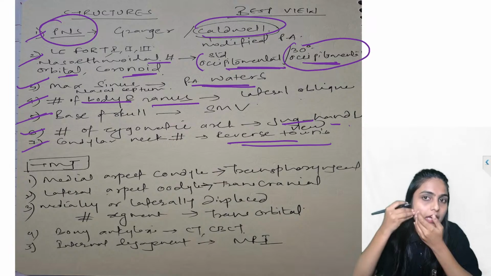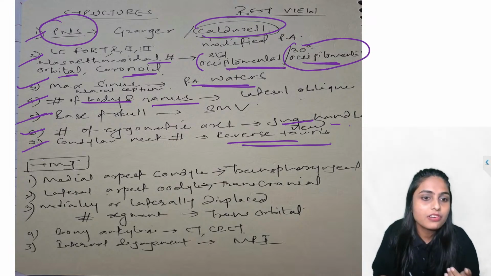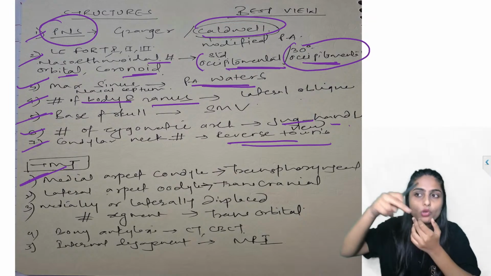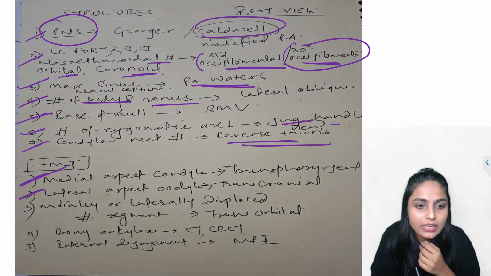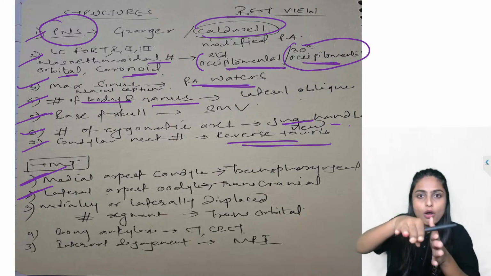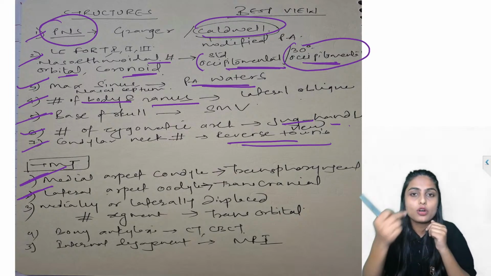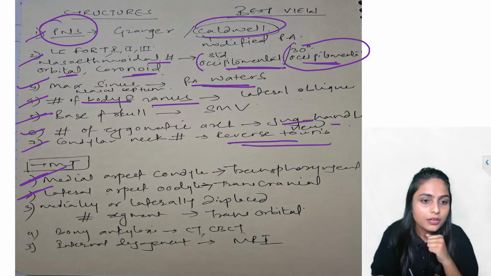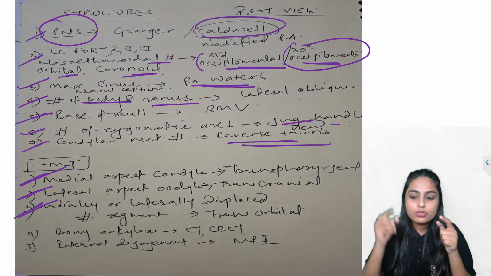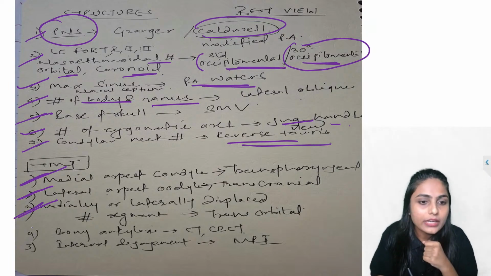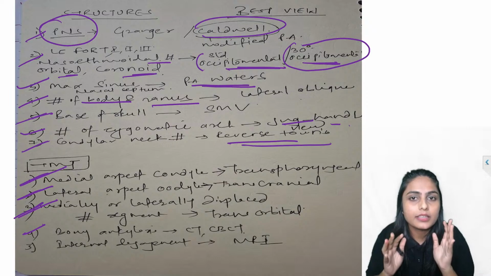Next, we have different views for the TMJ. For seeing the medial aspect of the TMJ, you have the transpharyngeal view. To check the lateral aspect of the condyle, you have the transcranial view. For medial or lateral displacement of the fractured segment, you take the transorbital view, which is from the front. To check bony ankylosis, we take CT or CBCT.